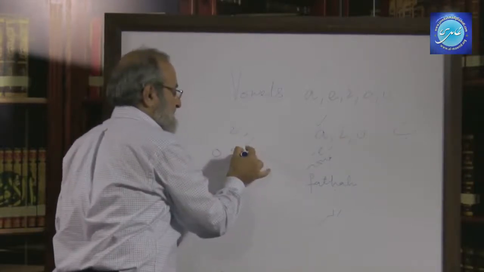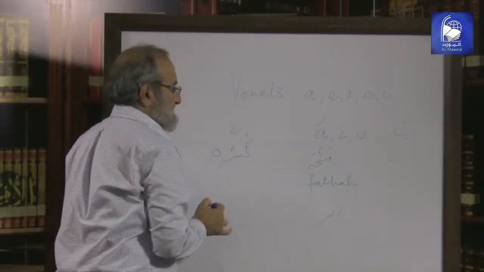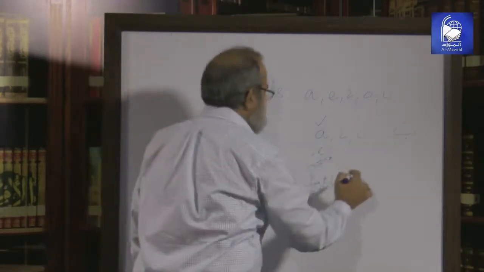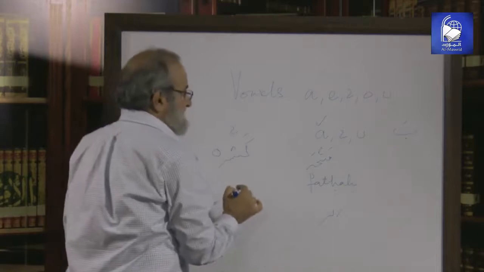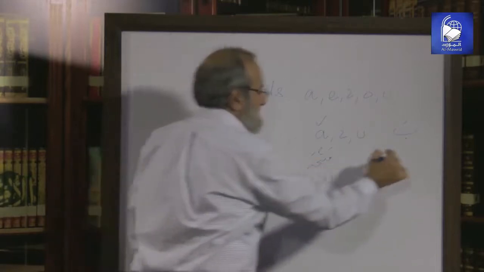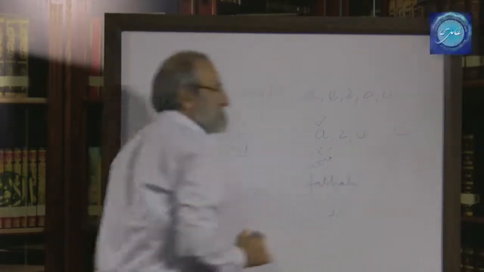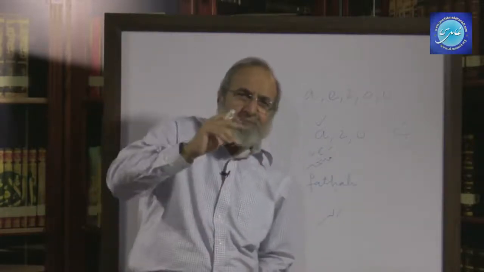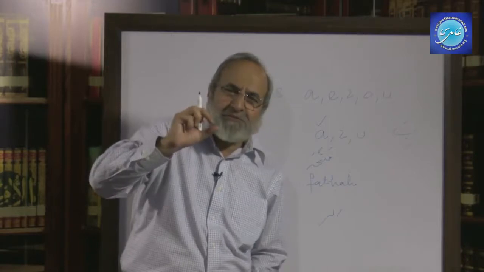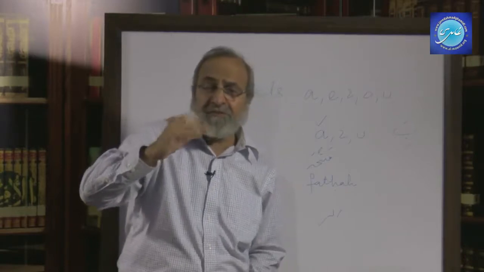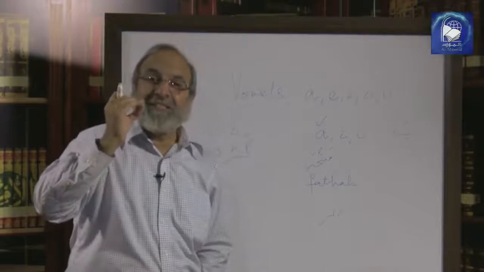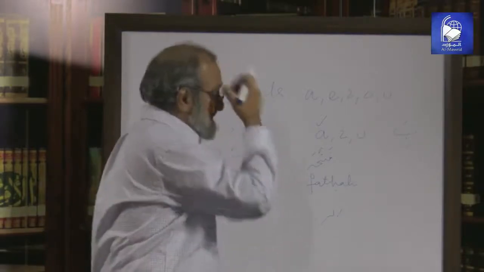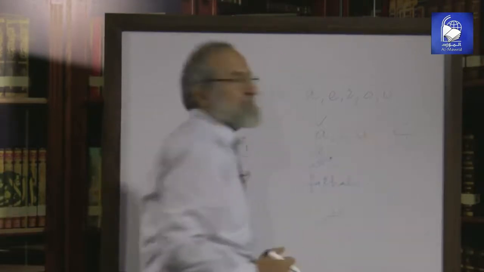So I put a vowel above, and it is fatha. Kasra has the symbol mentioned in exactly the same form, same design as A, as fatha, but it's used underneath the letter. So it's bi.